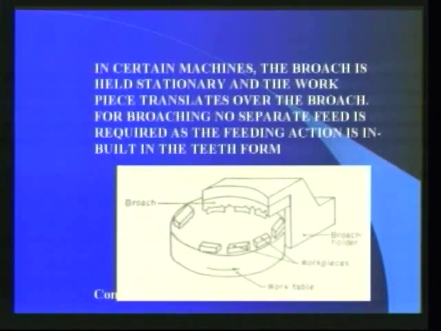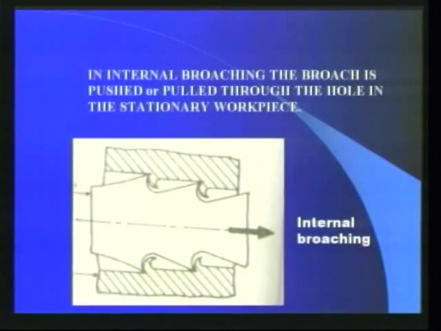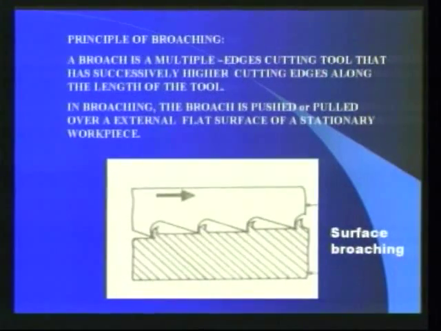First few teeth on the broach are low to permit the small end of the tool to be passed through the work. The machining operation completes in one pass of the broach. The cutting action of the broach is shown with the following figures.